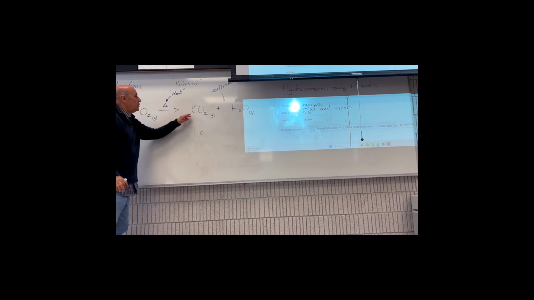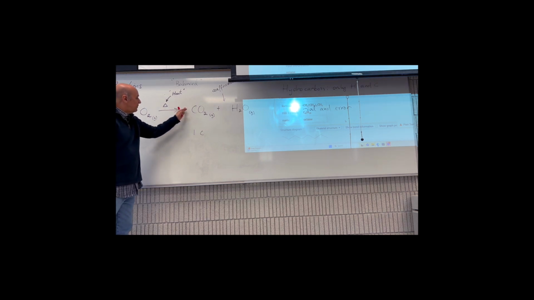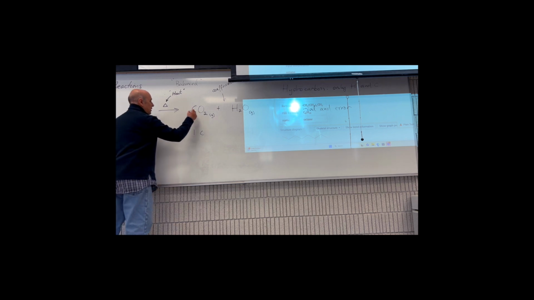So let's account for carbon. How many carbons on the left? 8 carbons. How many carbons on the right? Only 1, right? So how do we balance that? What number do we put in here so that we have a grand total of 8? 8. 1 times 8.